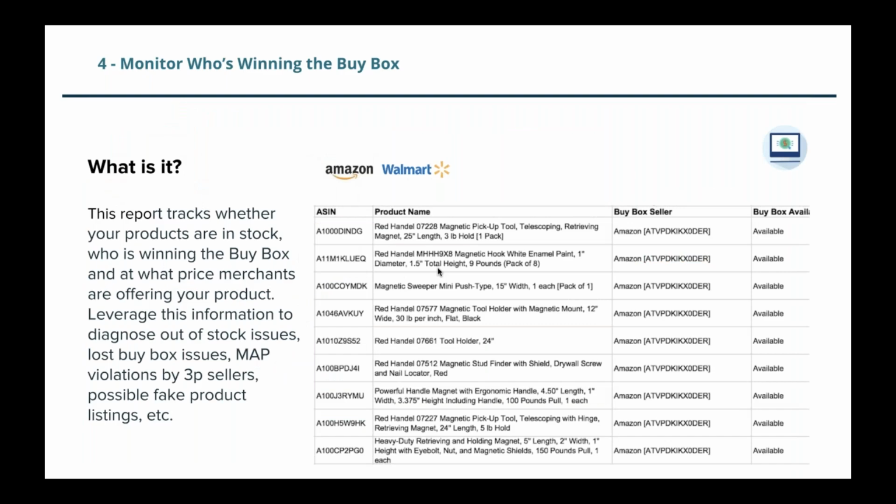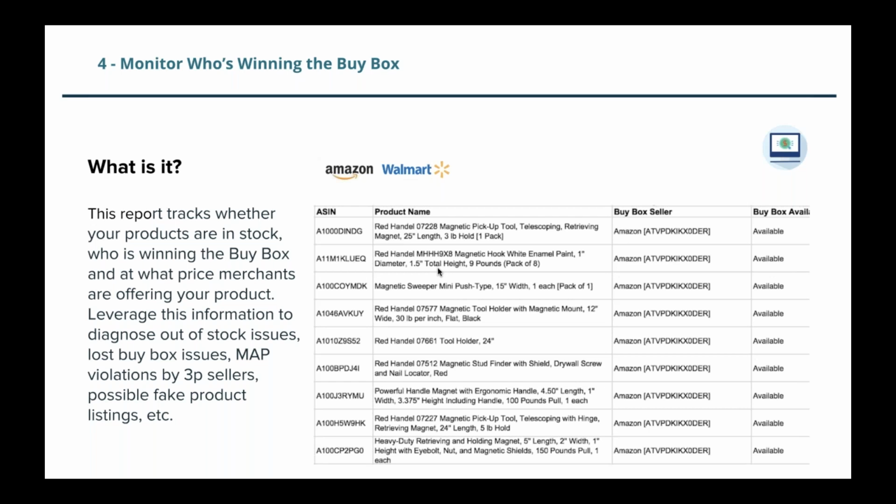Again, coming back to the ongoing tug of war between 1Ps and 3Ps, we're always working with our brands to help them understand who's winning the buy box. This is a visual for one of our buy box reporting tools. But you want to understand not only who's winning it so you can change price if you need to, but this also helps identify when there are authorized resellers who are violating MAP agreements or as part of a larger effort to move towards authorized seller agreements.